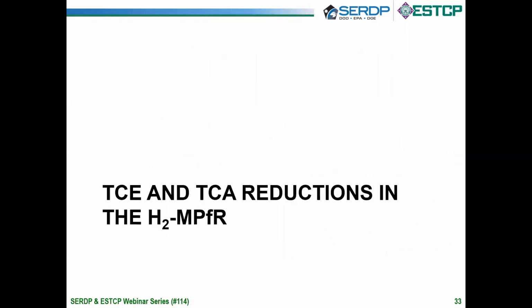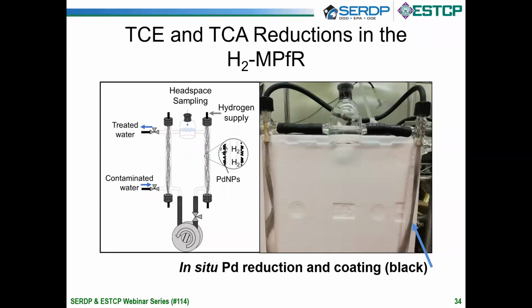Okay, so armed with this confidence, we went ahead and started to study the two stages in their various configurations. We did TCA and TCE in the hydrogen-based MBfR at the bench scale, and you can see it's our typical setup with two columns there. The key is that we form the palladium nanoparticles directly on the membranes right in the reactor.